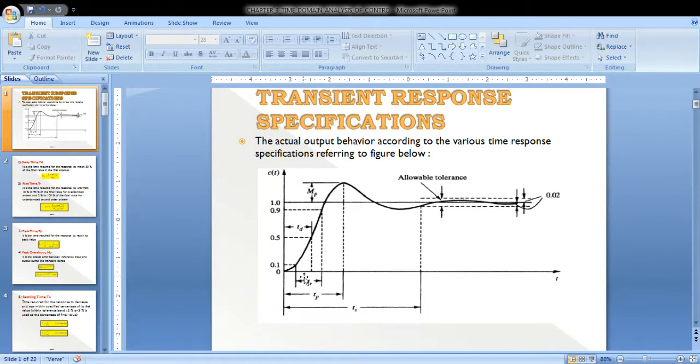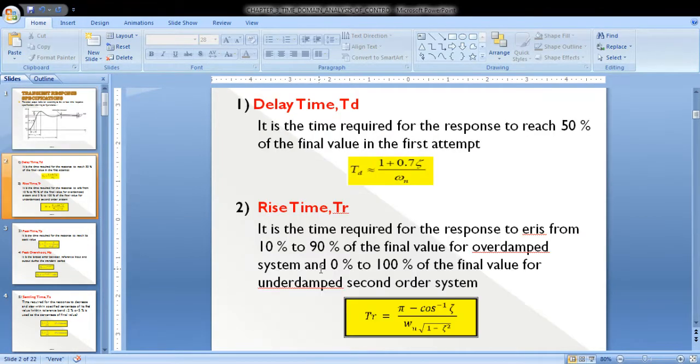The simple definition of delay time is the total time required for the response, starting from 0, to reach 50% of its final value, denoted as TD. As you can see, TD is shown in the diagram from 0 to 50%. The equation to calculate delay time is TD equal to (1 plus 0.7 zeta) upon omega n seconds, where zeta is the damping ratio and omega n is the natural frequency of oscillations.